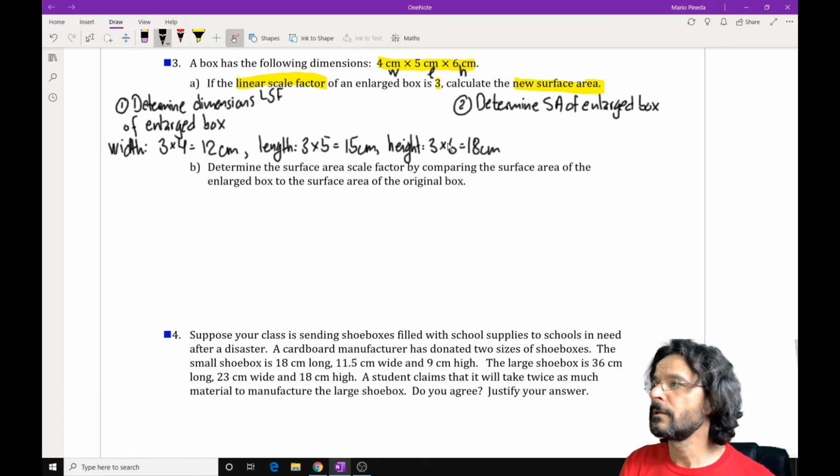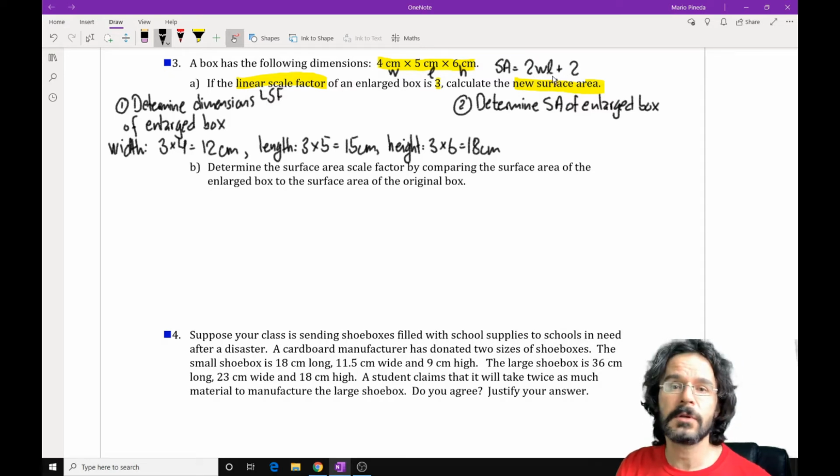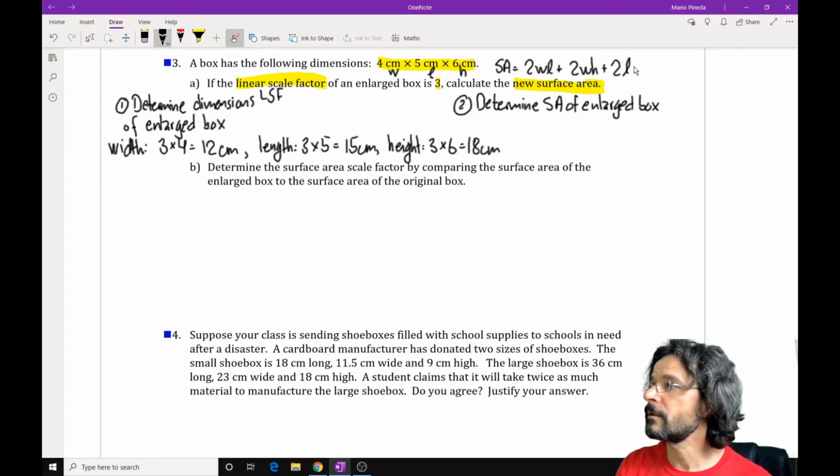Okay. Now we can move on to step 2, determine the surface area of the enlarged box. So the formula for surface area is 2 times width times length plus 2 times width times height plus 2 times length times height. It's just a matter of plugging in the numbers.